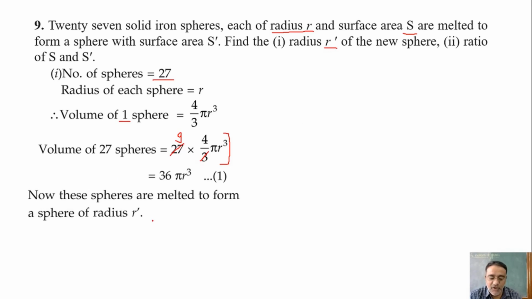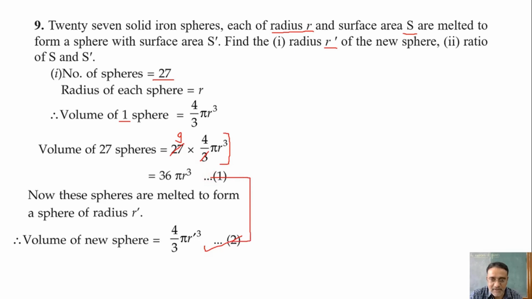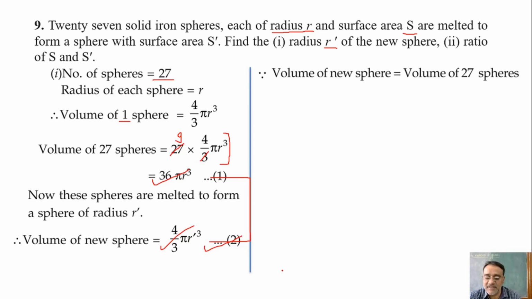So the volume of the new sphere will be 4 upon 3 pi r dash cube. Whether this is clear? Yes, sir. And this will be equal to the previous one, because we converted the same spheres into this. So the volume of the new sphere will be equal to the volume of 27 small spheres.